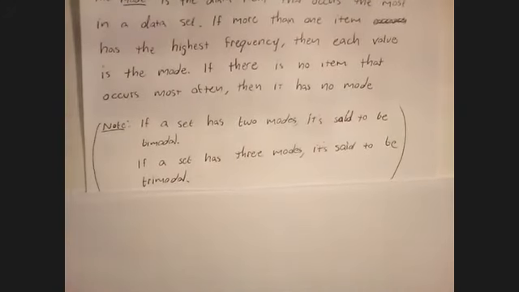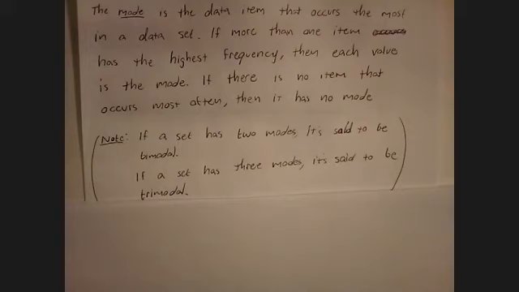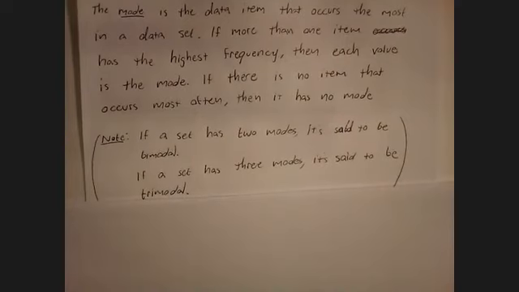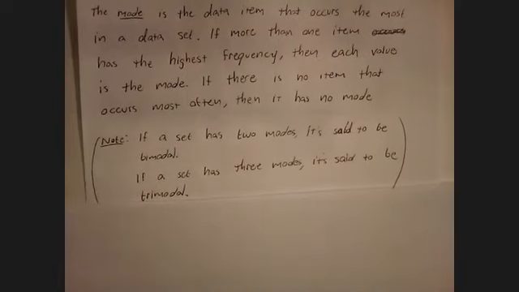But if you have a data set of 100 items and every item shows up 10 times, so there's 10 of each item, then we would just say there's no mode. They're all the same. And so, yeah, for this course, you're not going to see anything much bigger than 3 modes. I'd be surprised if you see 3 modes.